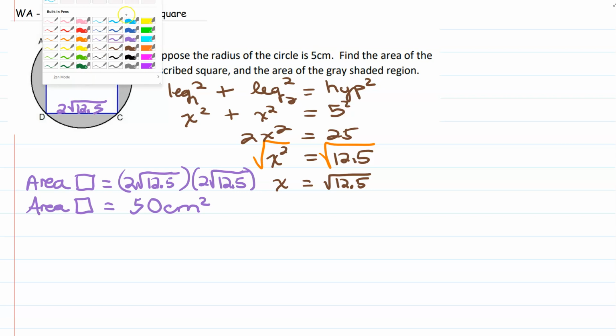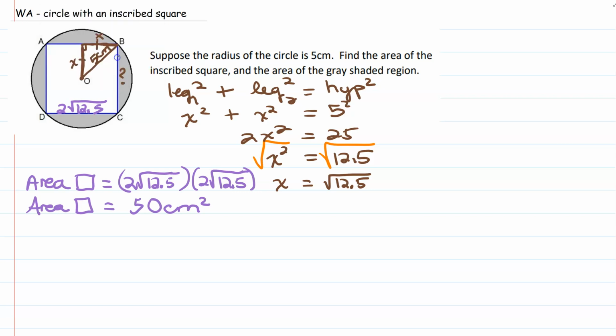Now the area of the gray region is equal to the area of the circle minus the area of the square, right?